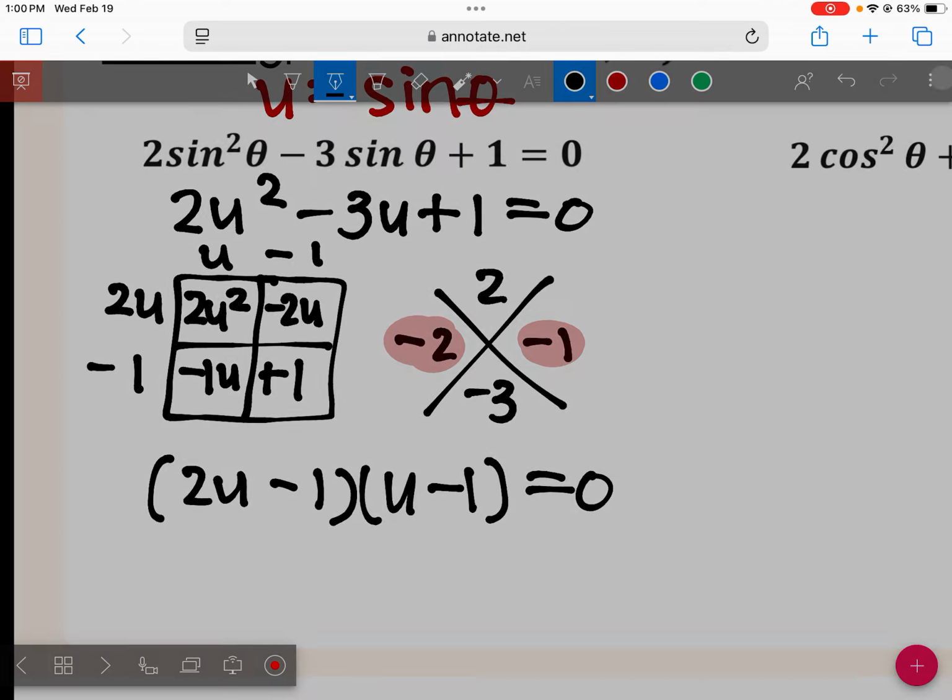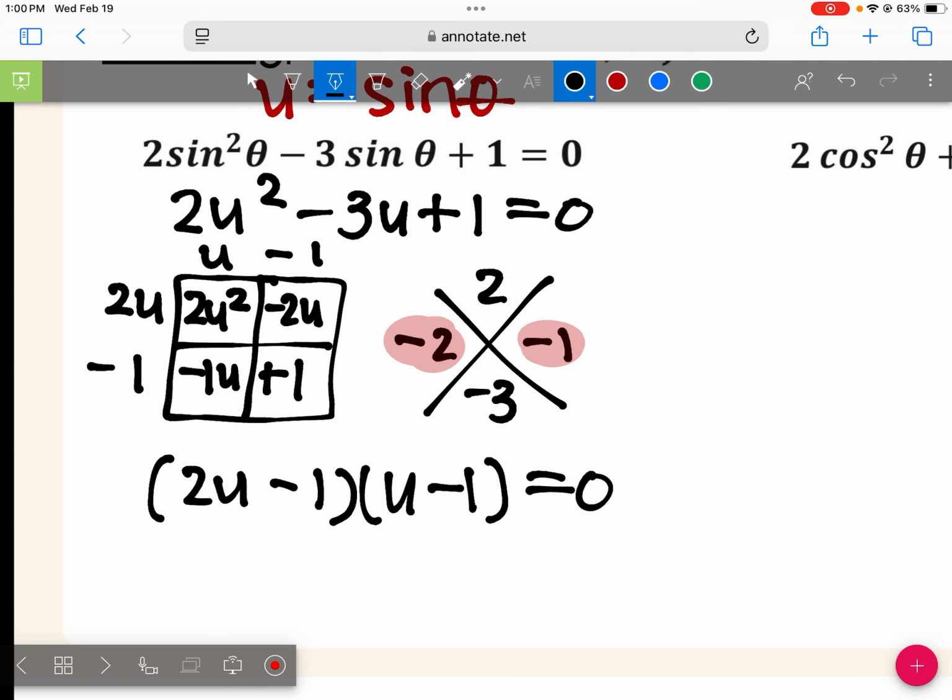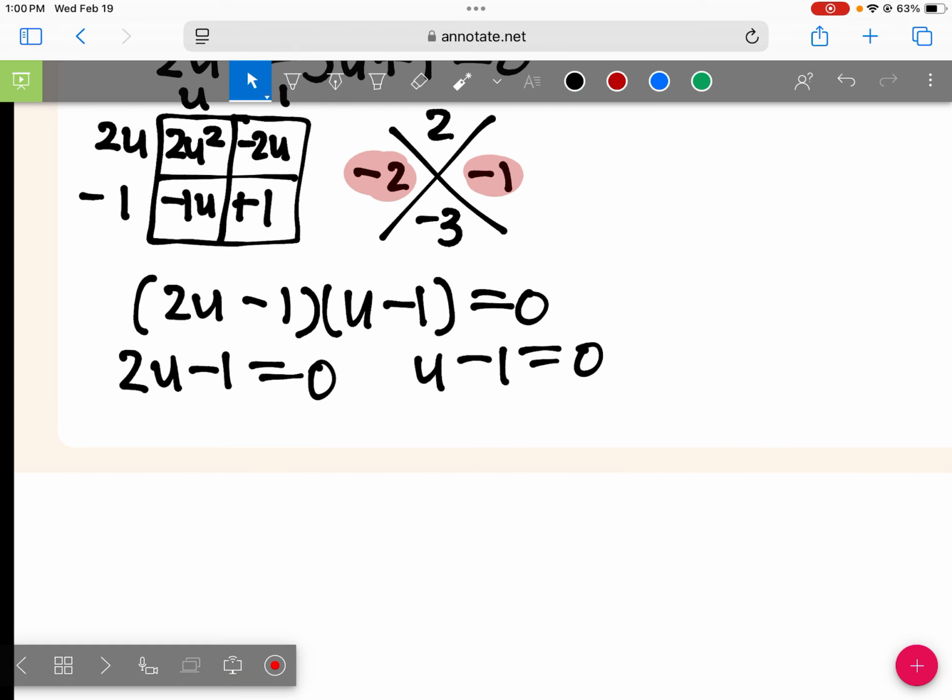Now I'm going to let you take the lead on this next part. If you separate them out, what two values are your u equal to? Say it in your head, and then I'm going to call on people. Figure out what u equals.